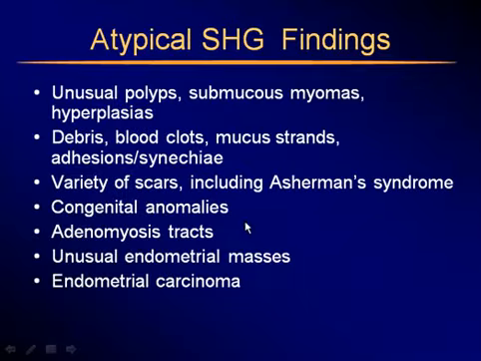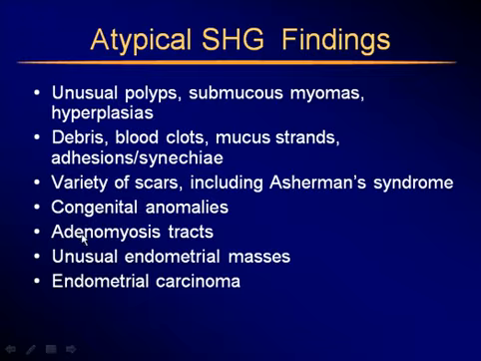So atypical sonohysterographic findings may be seen with unusual polyps, submucous myomas, hyperplasias. Debris, blood clots, mucus strands, adhesions, synechiae give us atypical findings. There's a variety of scars, including Asherman syndrome, C-section scars. There are unusual appearances of congenital anomalies.